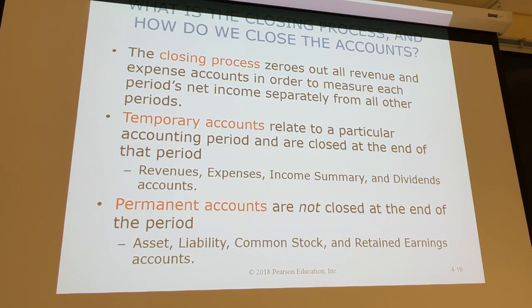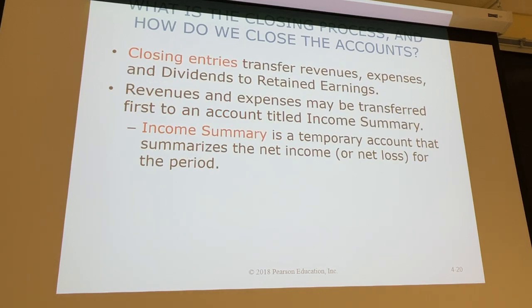And then the balance sheet accounts, we will refer to those as permanent accounts. They don't get zeroed out. So those would be assets, liabilities, common stock, and retained earnings. We will make closing journal entries to transfer the revenues, expenses, and dividends to retained earnings.